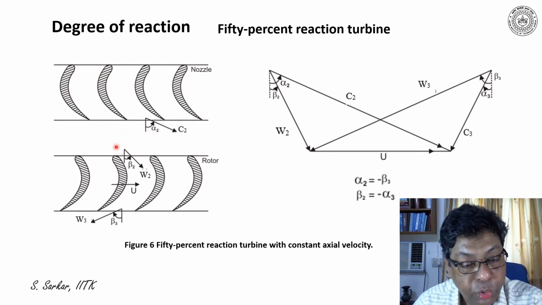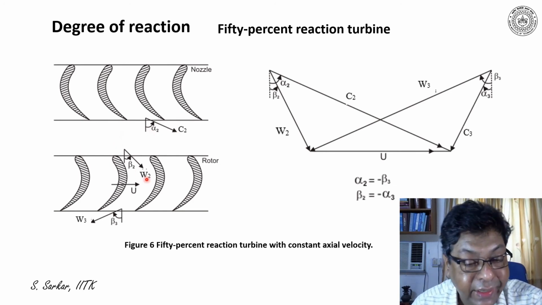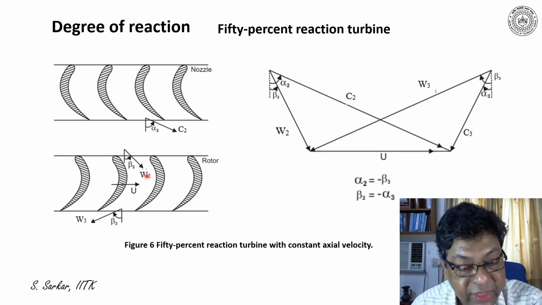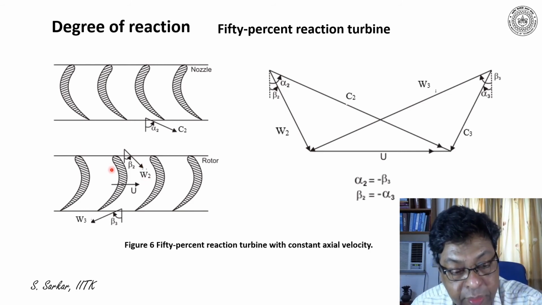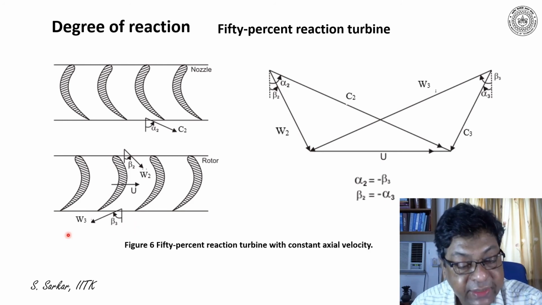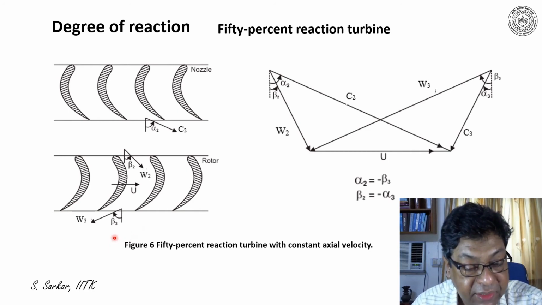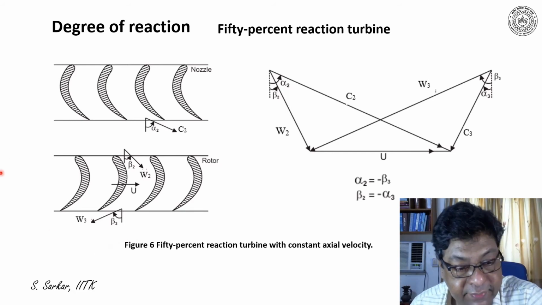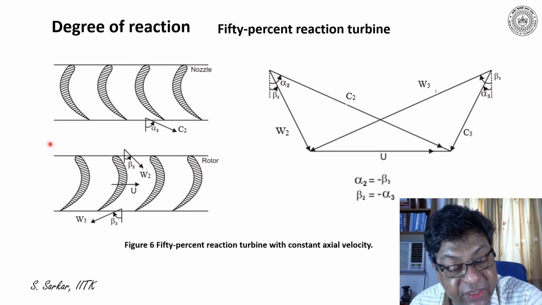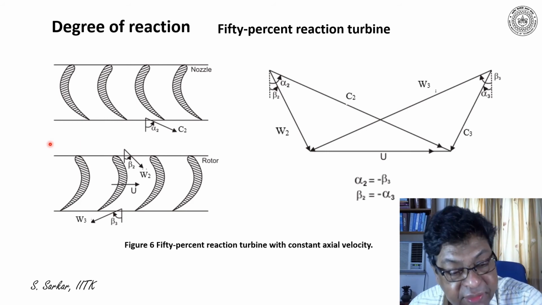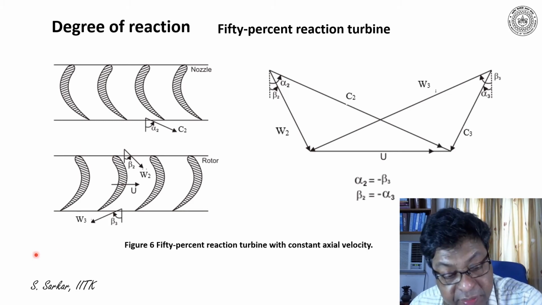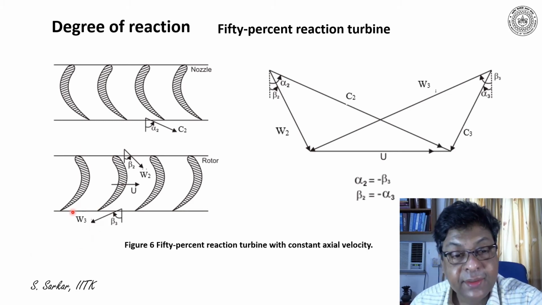Similarly, W2 be the inlet relative velocity to the rotor that makes an angle beta 2, and W3 be the exit velocity of the rotor which makes an angle beta 3 with the z-axis. In 50% reaction machines, since the pressure drop also occurs in the rotor, W3 would be more than W2.